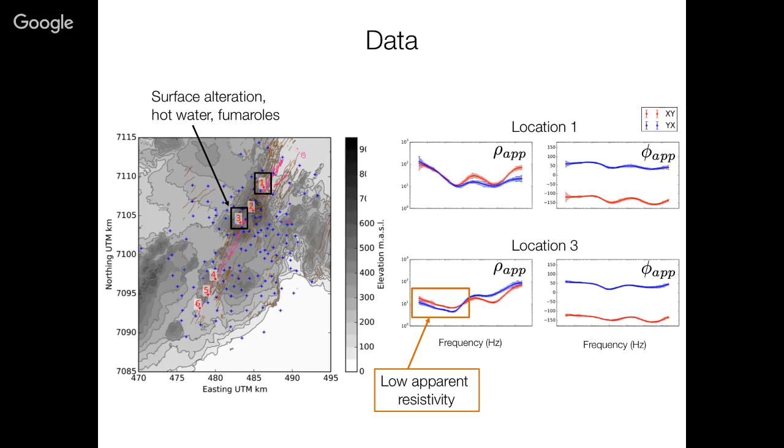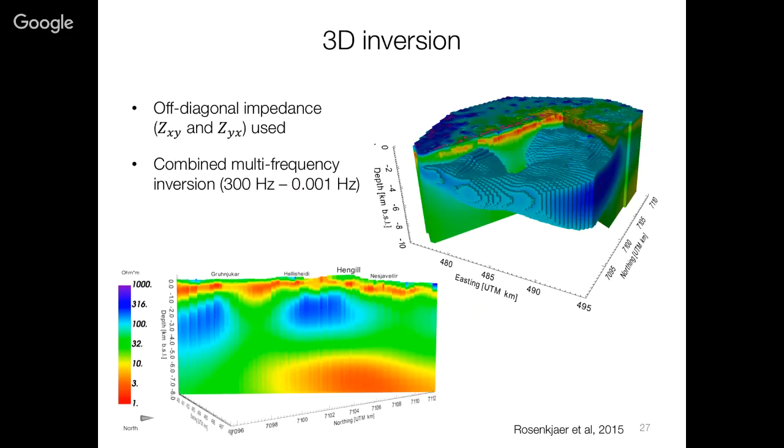And secondly, the two curves are different right from the get-go. But they still have a lot of that same structure. So we want to take those and now invert them. So now we're doing a 3D inversion of magnetotelluric data with many decades of frequency.